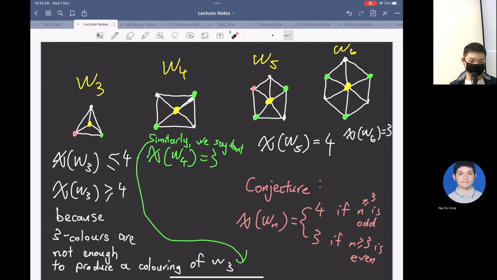So we try to color W3, and then W4, and then W5, and then W6. Okay, this is what we conjecture. You can try and show it.